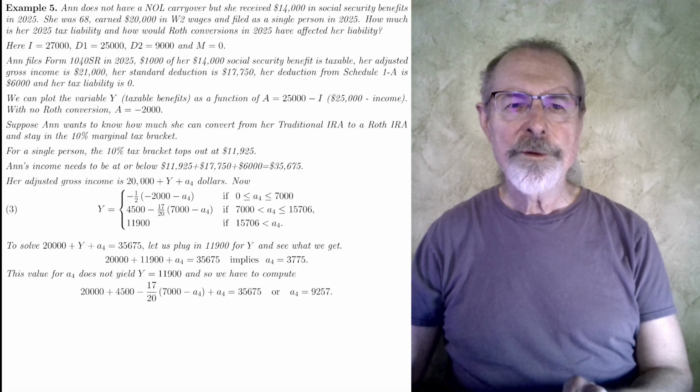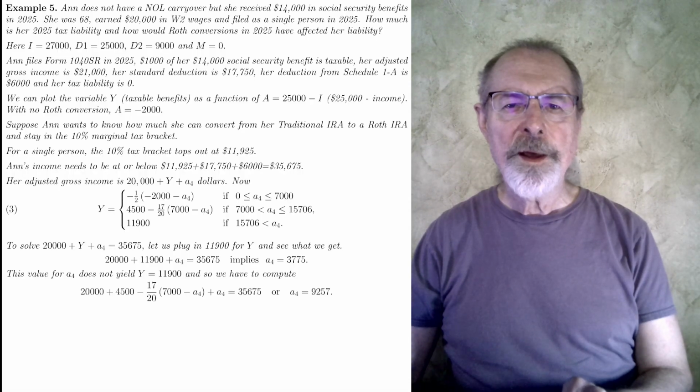So if I go to solve her income, 20,000 plus Y plus A4 is 35,675. We'll take the bottom formula, put in the maximum 11,900 for Y, and see what we get. Well, that implies A4 is $3,775. But if I plug that value in for Y, I don't get $11,900. So that's the wrong formula.